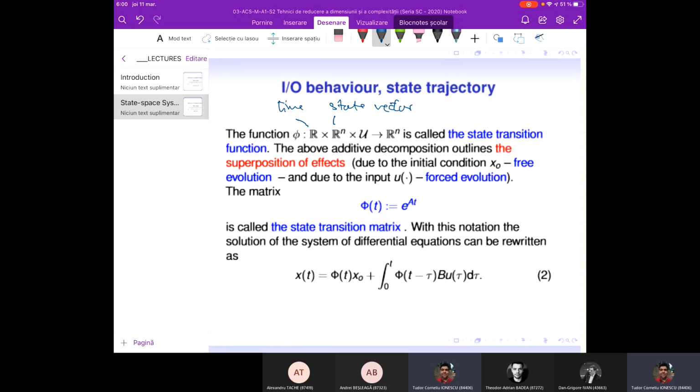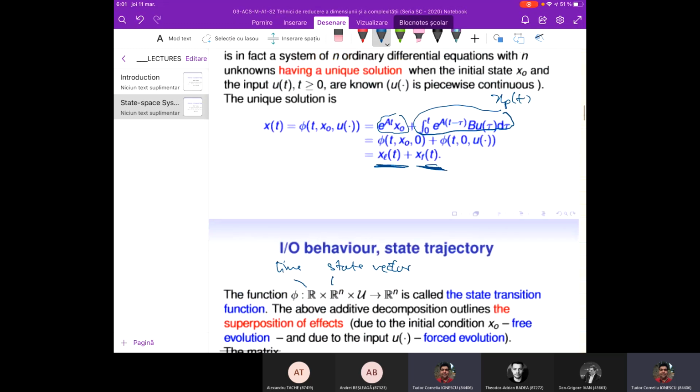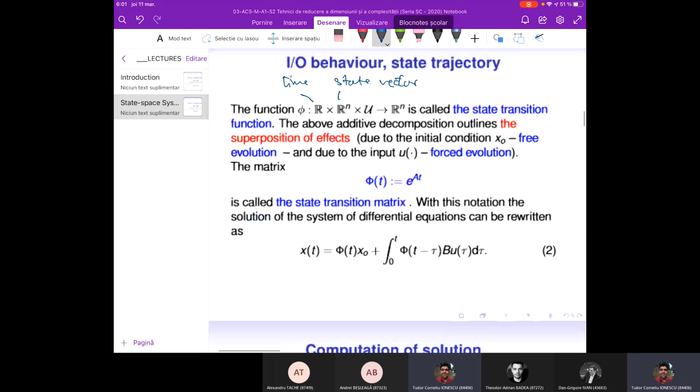Okay, so notice that now I'm talking more about the superposition principle, where the effects on the system, the linearity, the property I showed in the beginning. So this additive decomposition XL plus XF emphasizes the linearity property. This is one-to-one with the fact that the system is linear.